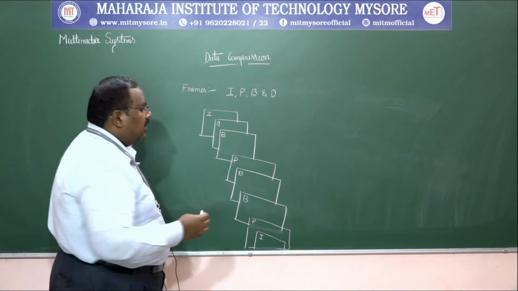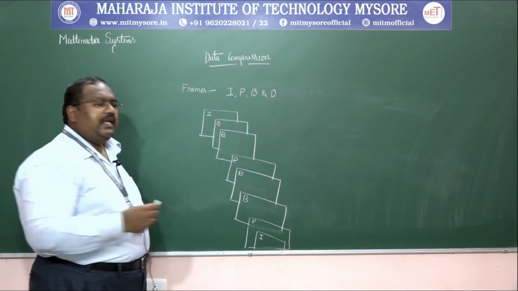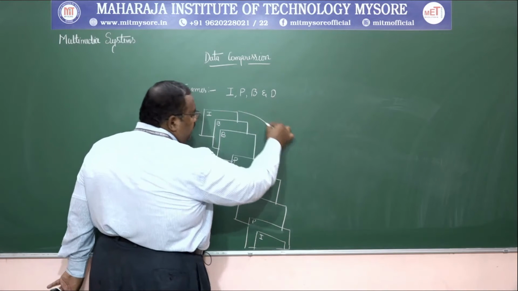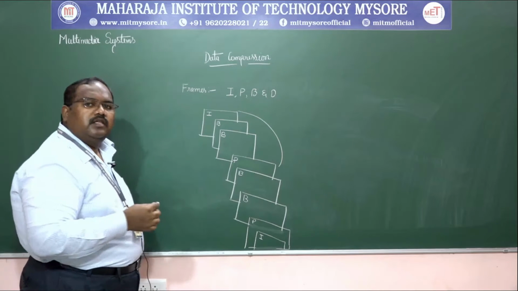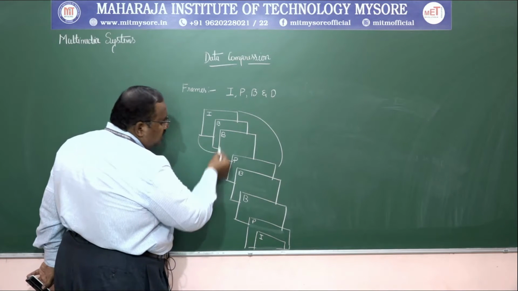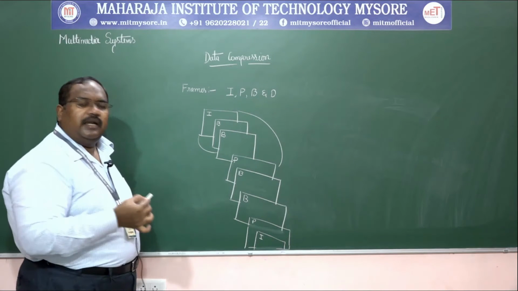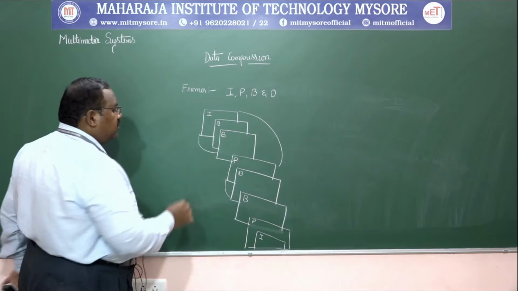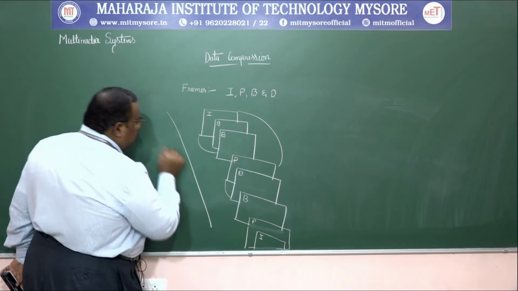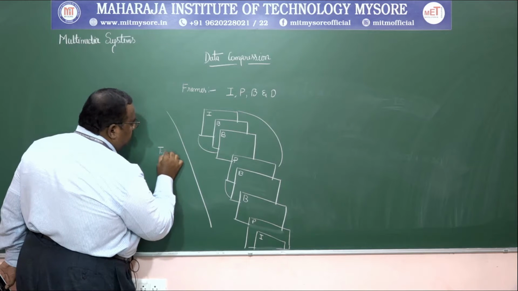When we talk about the sequence of frames, I is associated from here to here. I will tell you when we talk about the frames individually. So here I is representing this axis and P the next pertaining frame, and this is totally the time axis.